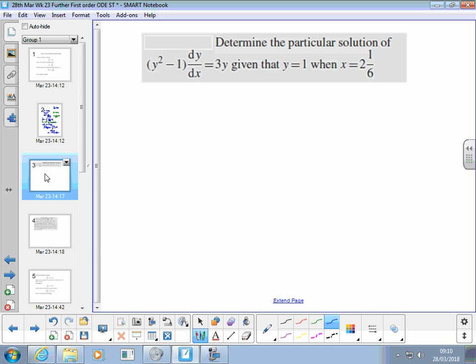So we've got some boundary conditions now. We can find a particular solution. But first, to find the general solution, how are we going to do that?